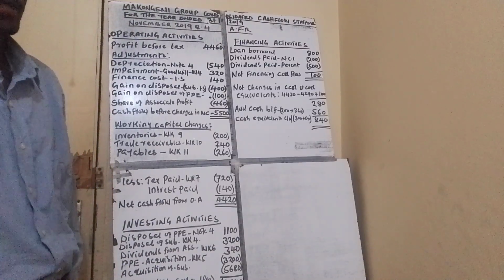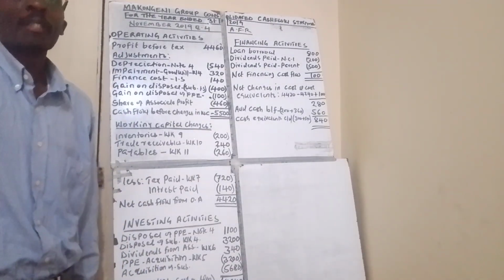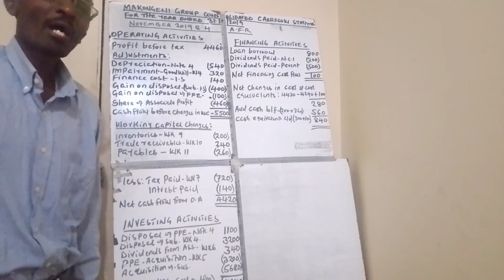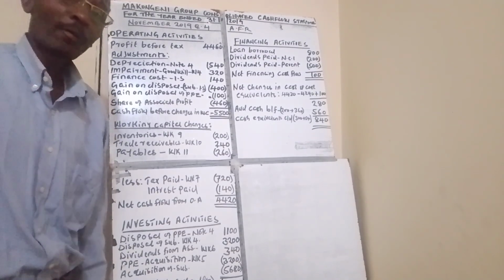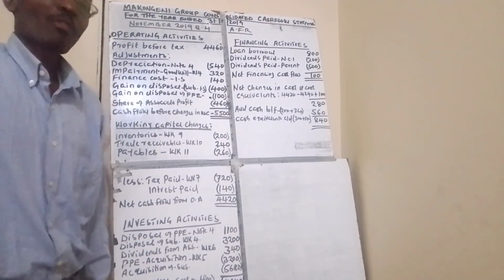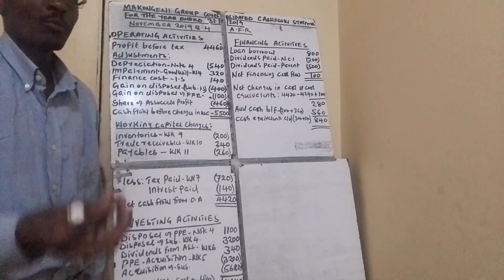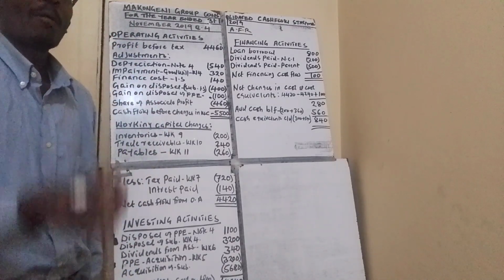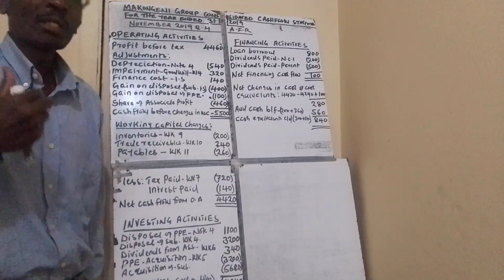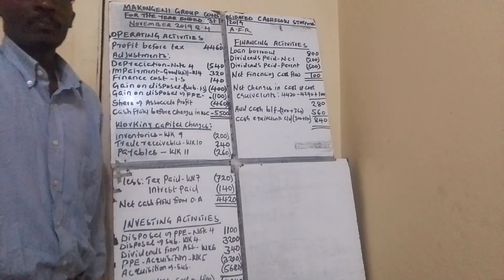We record them. So most of these figures that we have, when calculating the profit, do not actually involve actual cash movement, and for that reason, we are supposed to adjust them accordingly so that we may reflect the true cash position that we have in the bank as you compare the opening balances of the cash with the closing balances of the cash.